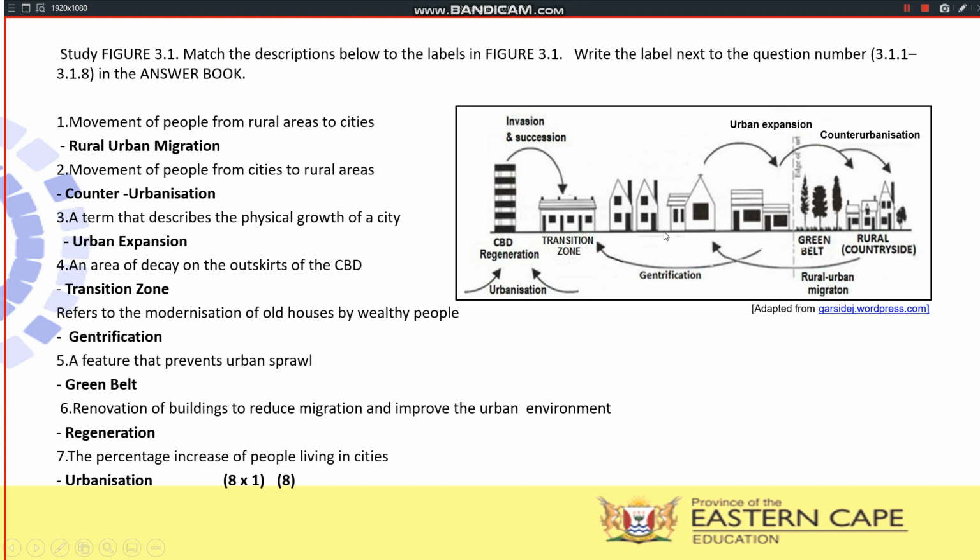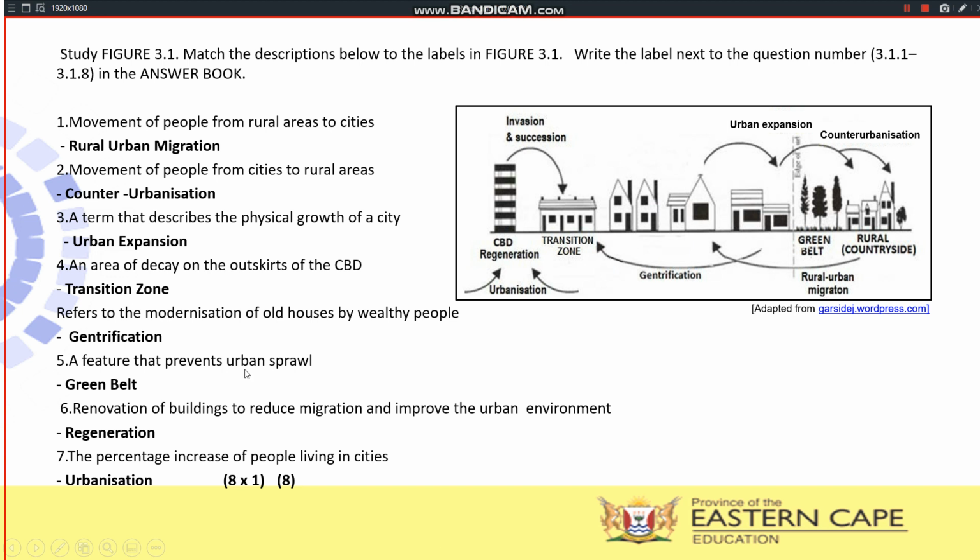This is called gentrification. Wealthy people usually modernize those old houses in the city that have been abandoned. They buy these plots and then they refurbish and renovate them into very smart properties, and we call that process gentrification. So please, that term gentrification is one of the concepts that you should know. Please take note of that.